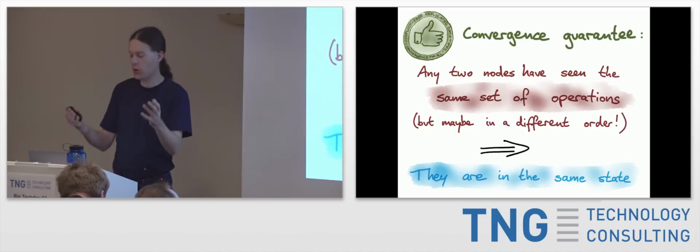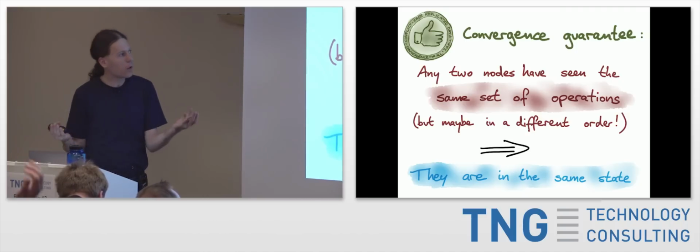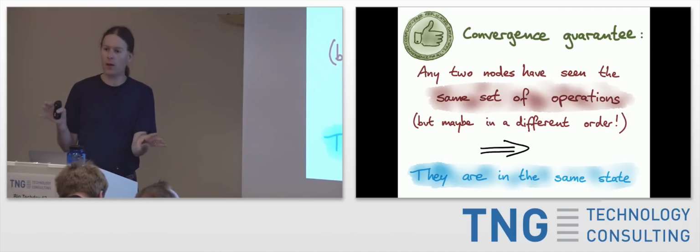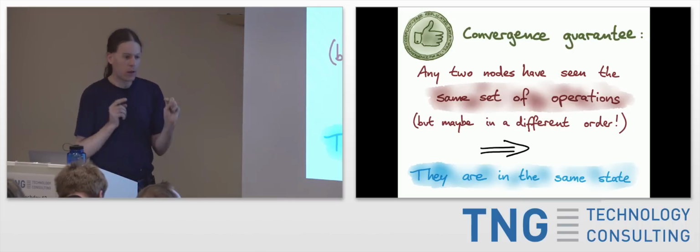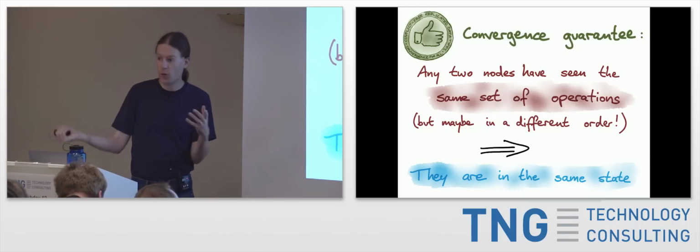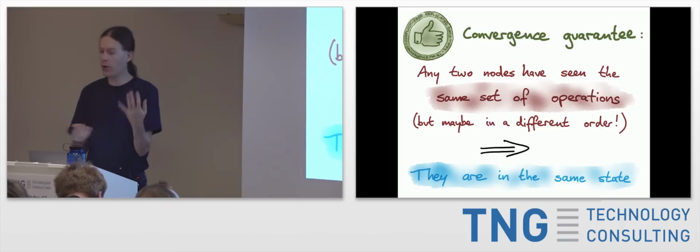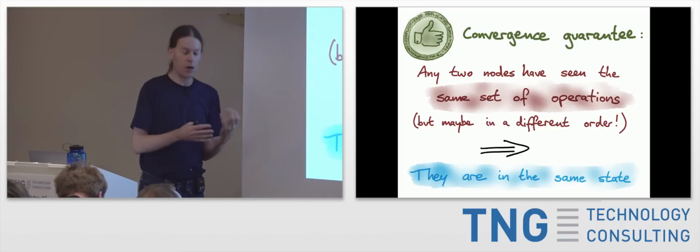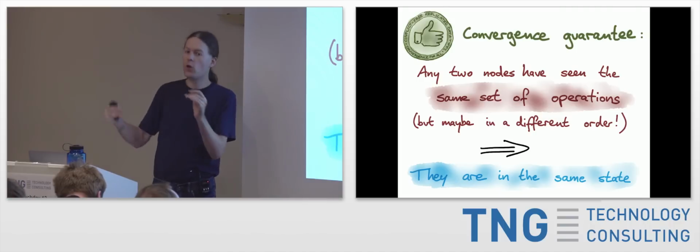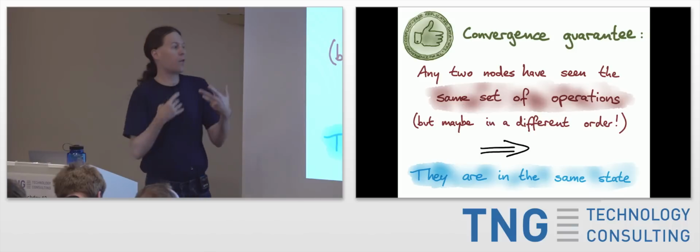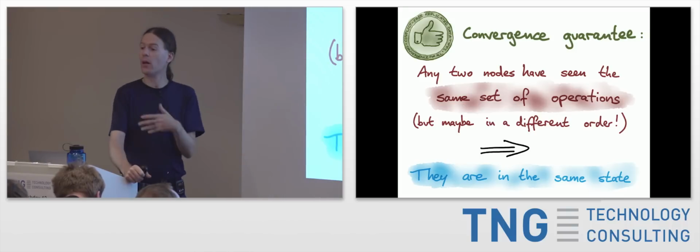Whenever you have two users or two nodes or two devices which have seen the same set of operations, then they will be in the same state. And this is true even if they receive the operations in a different order. So no matter in which order you receive the operations, once you've got the same set of operations as somebody else, then you will be in the same state. And that is the essential convergence guarantee that we need here.